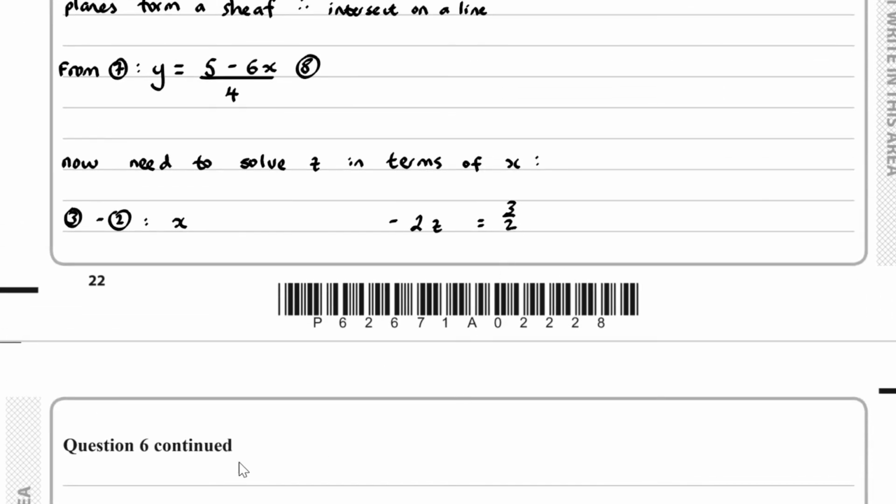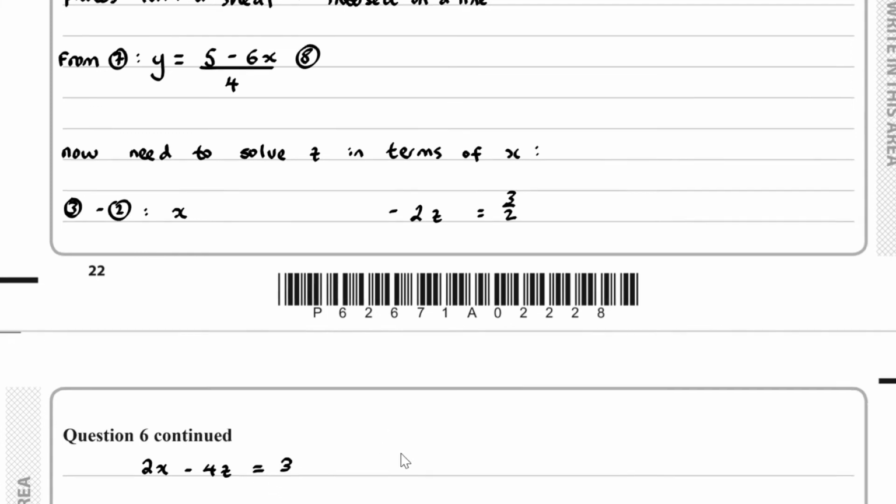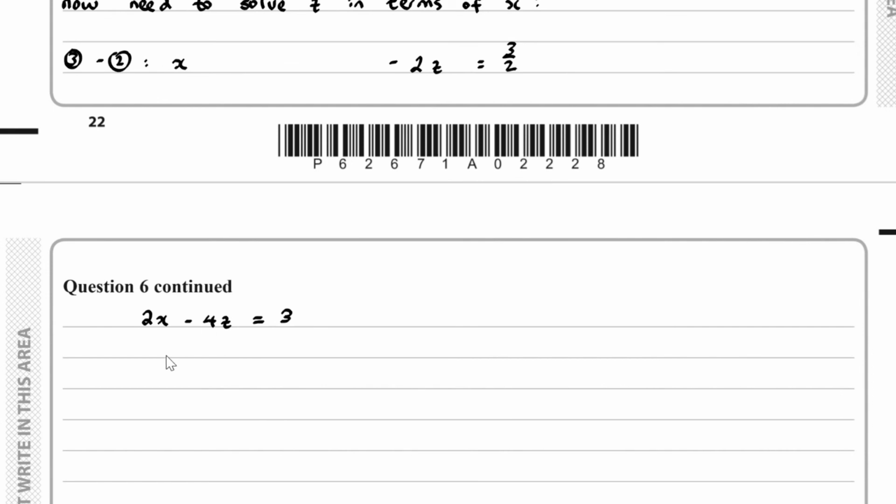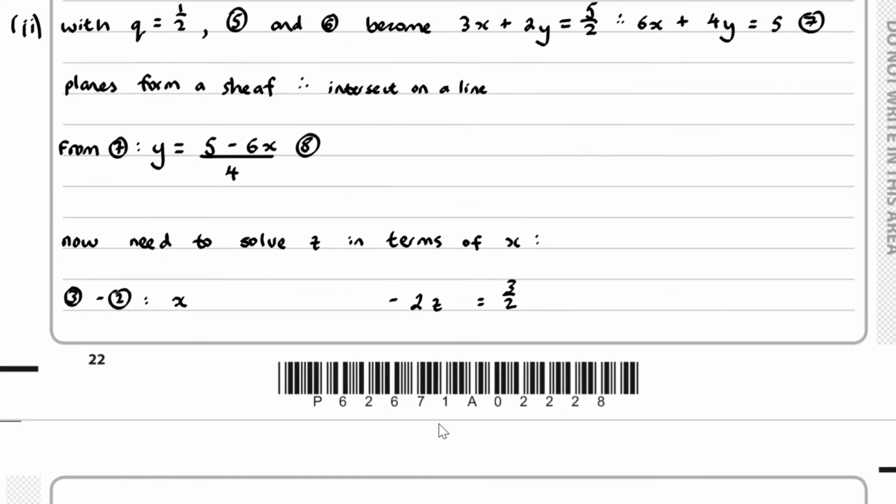And from this we can see, if we multiply through by 2, we've got 2x minus 4z equals 3. So we need to rearrange for z in terms of x. So if we rearrange, we've got 4z equals 2x minus 3. So therefore, z is equal to 2x minus 3 over 4. We'll call this equation number 9.